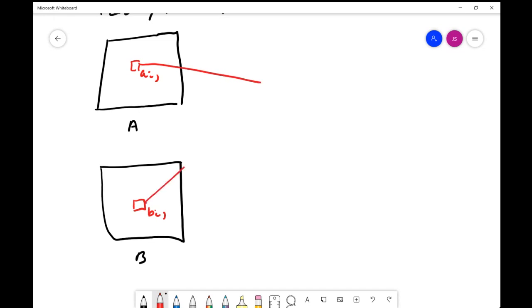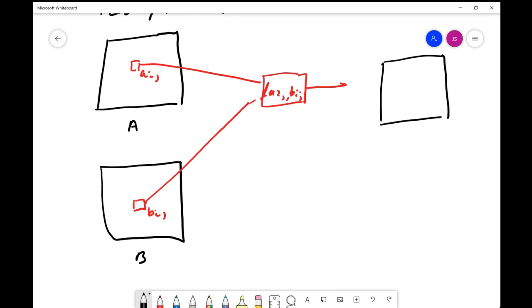They are inputs to your function, and the image processing function in general is a function of Aij, Bij. That produces an output, and that output goes to the output image, which gives a pixel, let's call it C, at the same location as the input from A and the input from B. So that is a dyadic, or more simply a 2-pixel operator.